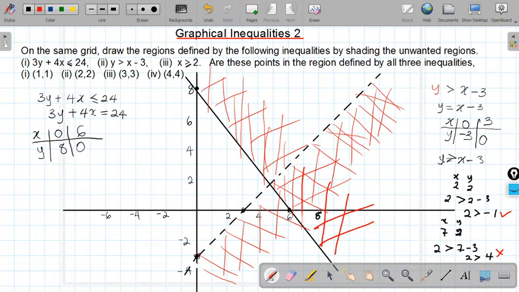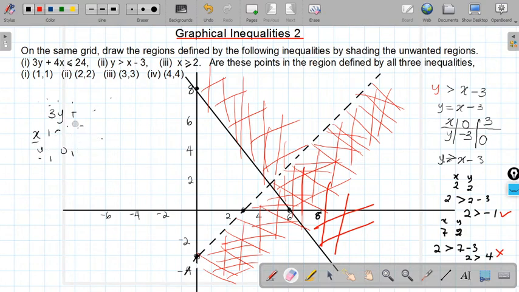Okay, now the last one there is x greater than or equal to 2. In that case, first of all, I'm going to check x equal to 2.